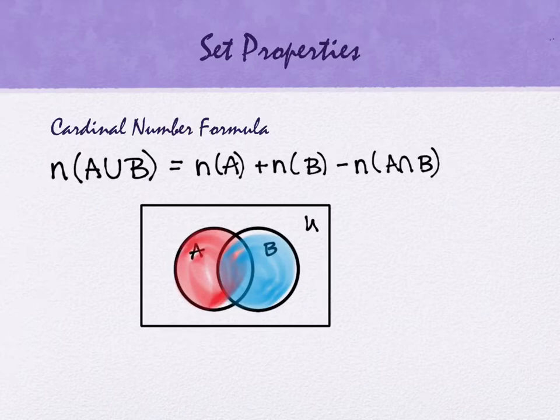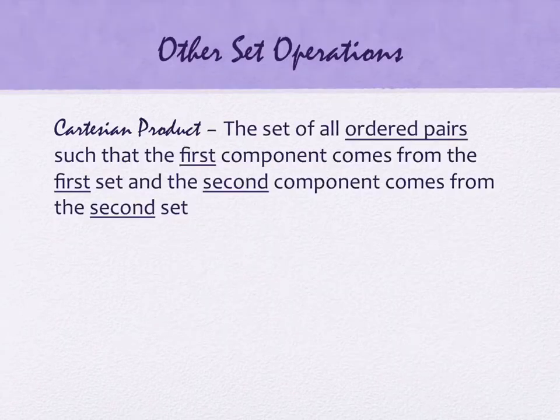All right, there's one more set operation that we're going to look at, and this is called the Cartesian product. The Cartesian product is the set of all ordered pairs such that the first component comes from the first set and the second component comes from the second set. So I'm going to write them down first, and then I'm going to show you an example so you can see what's happening.